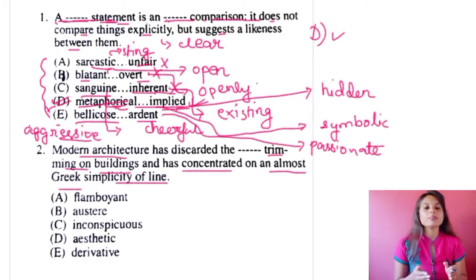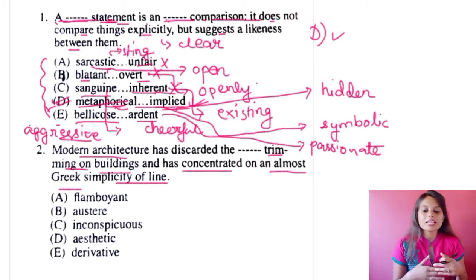They are telling that modern architecture has already discarded the trimming on buildings like they used to do previously. Trimming means, like girls do trimming on their hair, right? The portions which get damaged, they just cut it off. And similarly, this happens to buildings also.